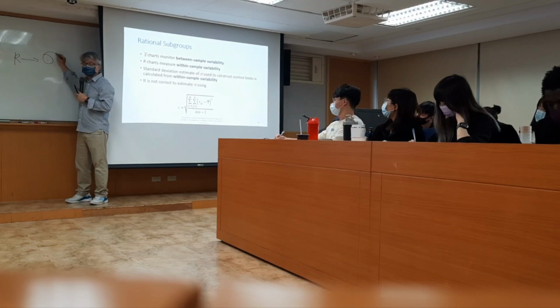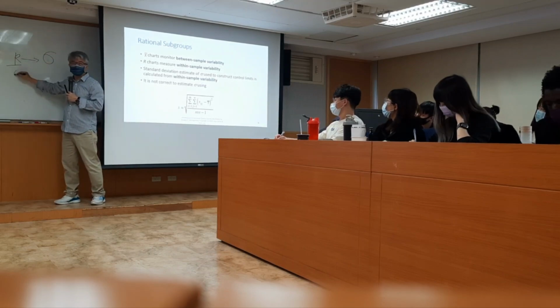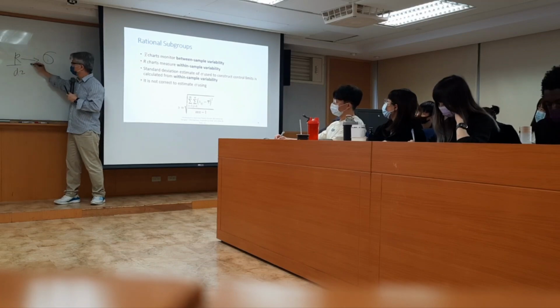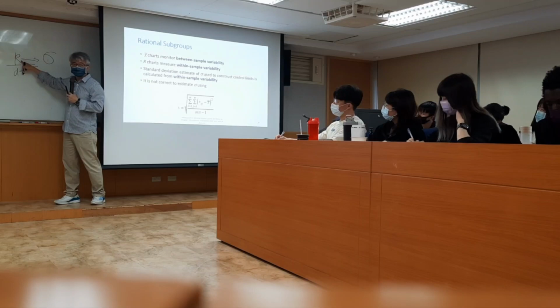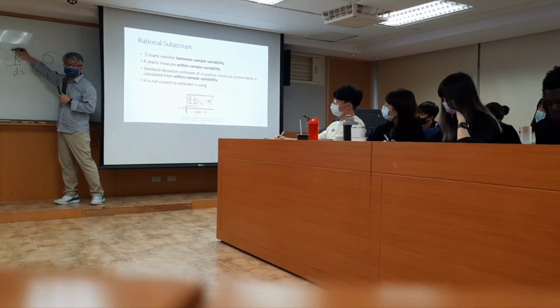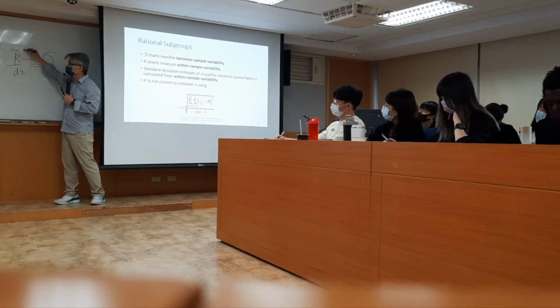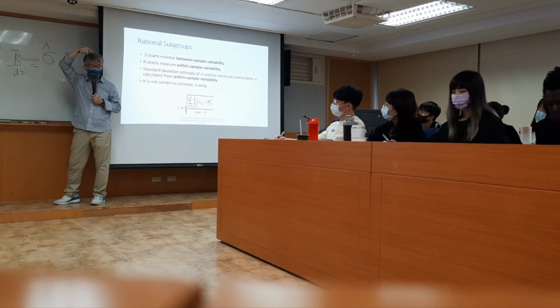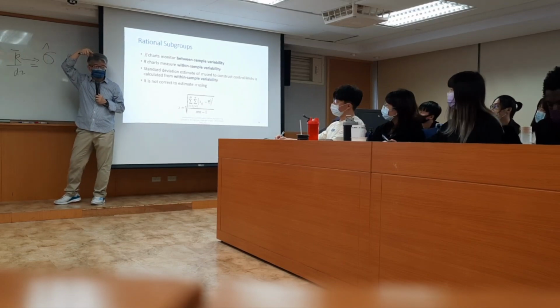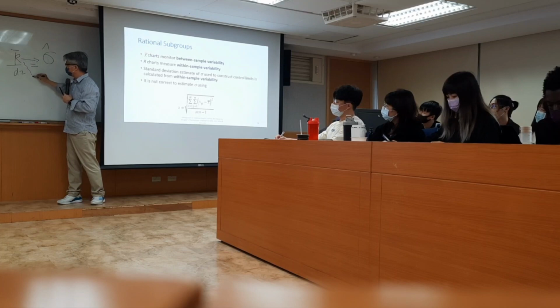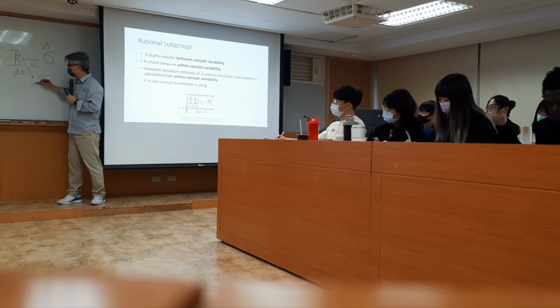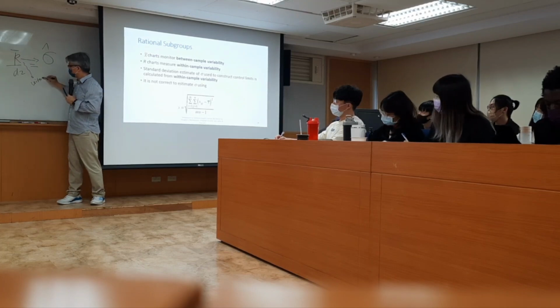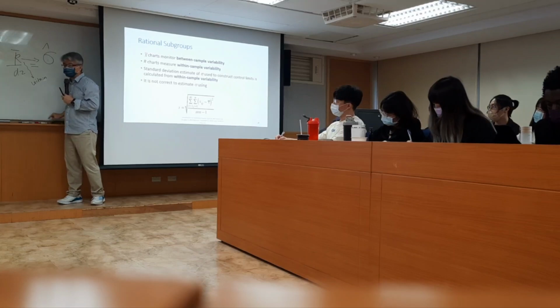So how can we do that? Since R divided by d2 equals sigma, and R is the range, it is replaced by R bar. So put the caret on top of sigma. That is used to estimate the within sample variability.